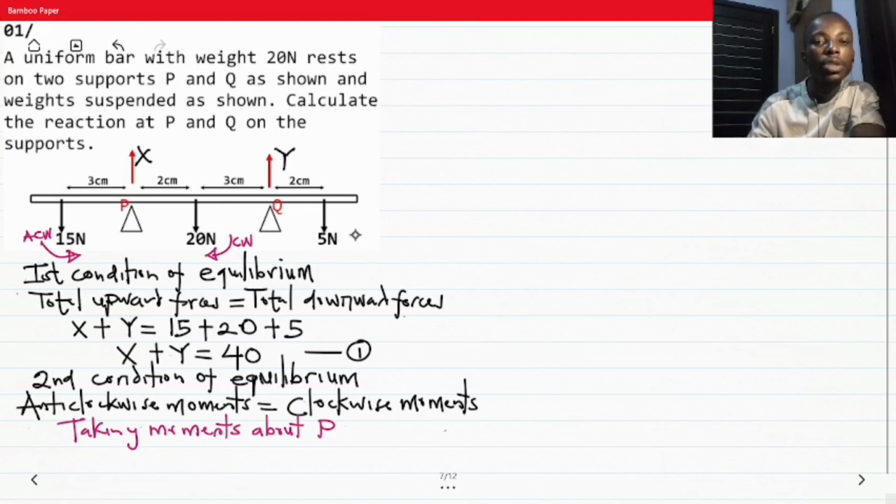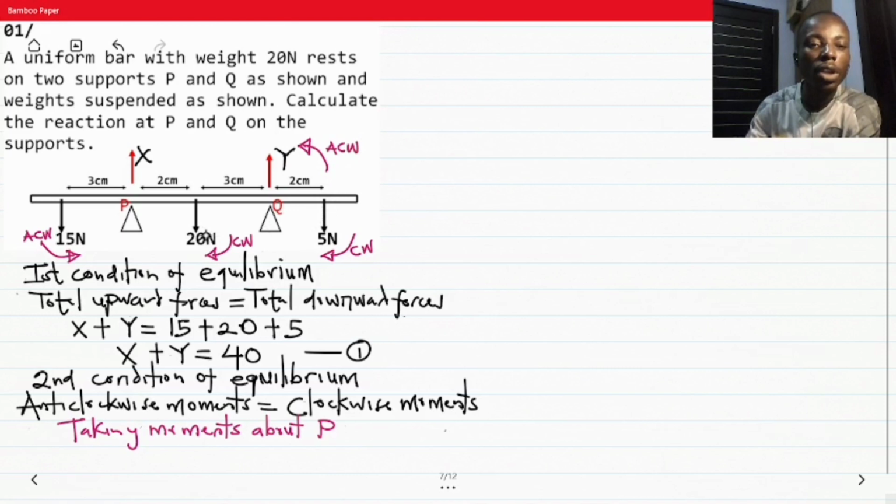Then 5 Newton will give us also a clockwise moment, in the direction of a clock. Then this Y will give us an anti-clockwise moment. Why is it giving us an anti-clockwise moment?